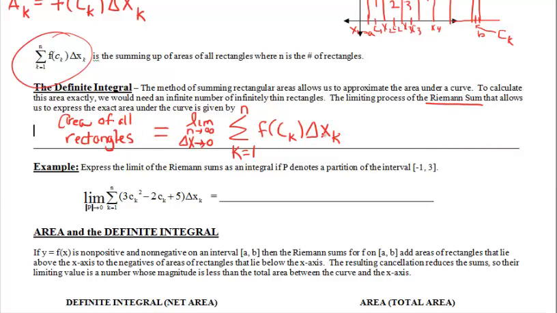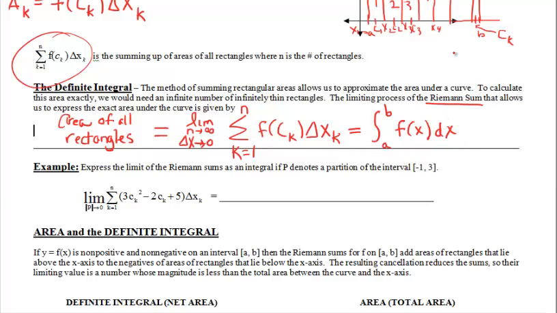So a limit of a Riemann sum has evolved over the years into some other kinds of notation, but that's represented by the definite integral. So this whole expression kind of evolved into, all right, let's integrate the function from A to B, and that's going to give us our area. This is an expression that represents the area under the curve to the x-axis. That's a definite integral because it has limits.